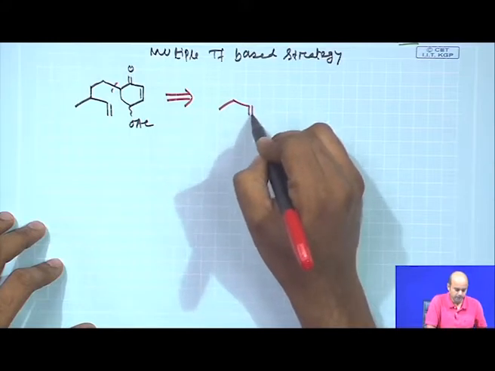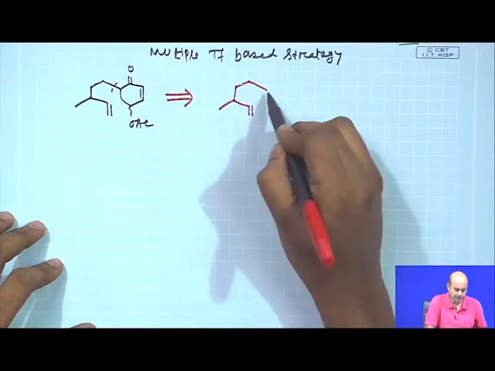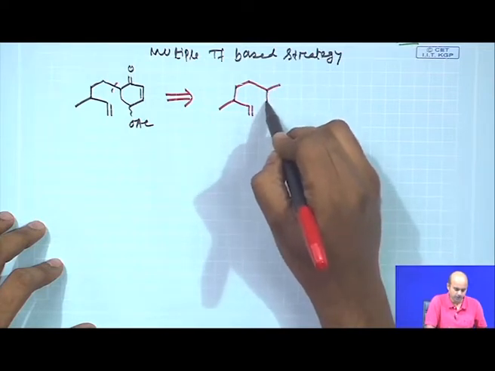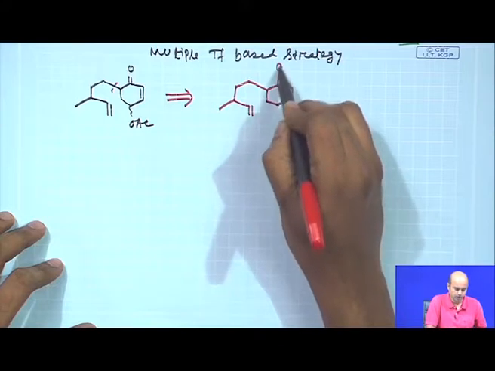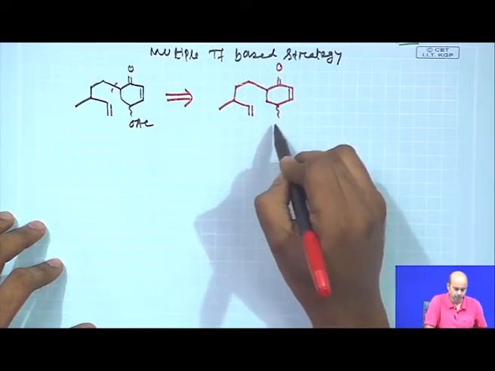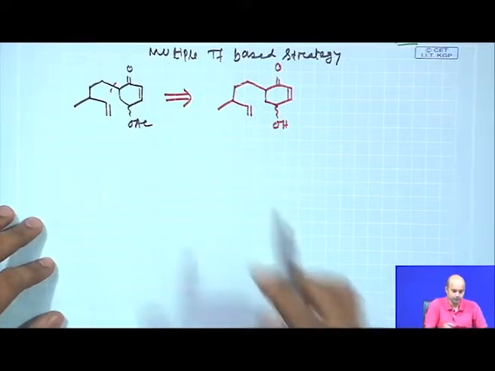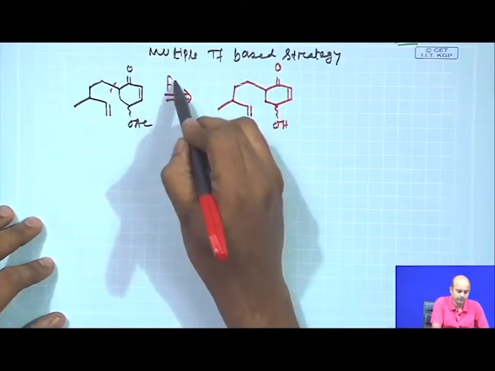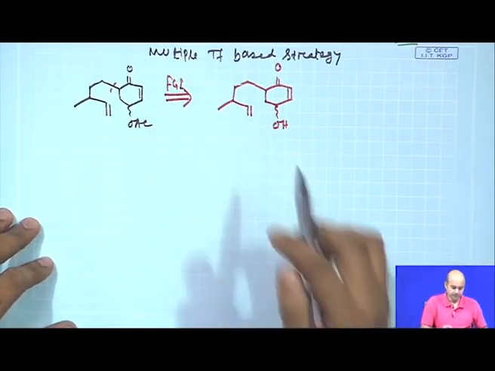The retro says that this final target molecule having an acetate functionality in the cyclohexene core, we will probably put it as an OH, because alcohol can be easily converted to the corresponding acetate by a standard functional group interconversion. Okay.